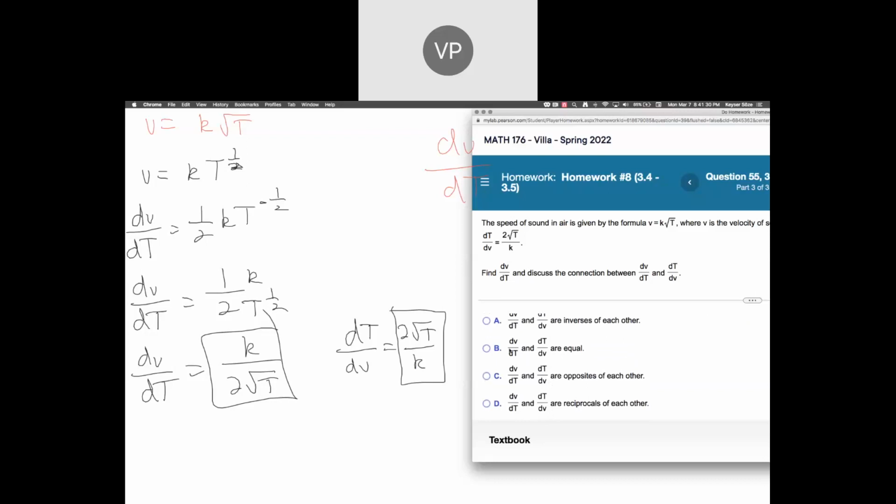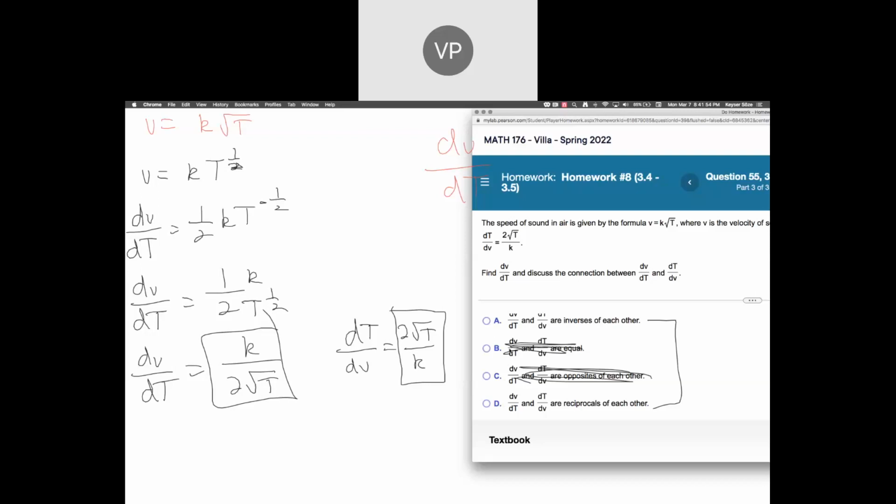Now, we know they're not equal, so I'm going to get rid of that. They're not opposites because opposites means it's the same thing but one's negative. This is the part where people make the mistake. What's the difference between reciprocals and inverses? Well, inverse is a whole different function. That's the one where you replace x's and y's, or in this case, you replace the k's and the t's.